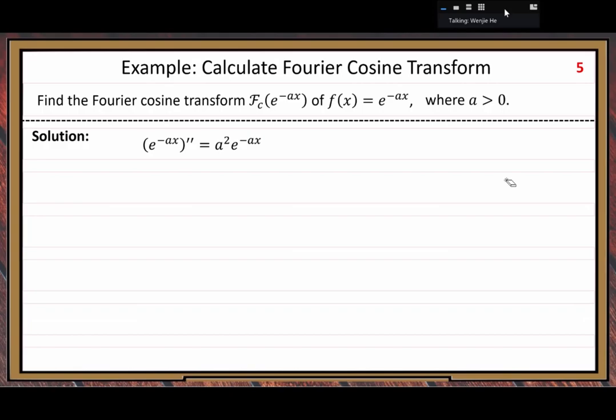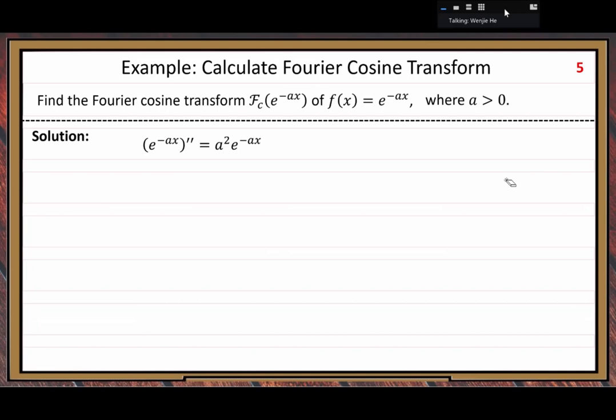So you bring up a new, unrelated transform, and you need to calculate both the Fourier cosine transform of the f function and also the Fourier sine transform of this function.